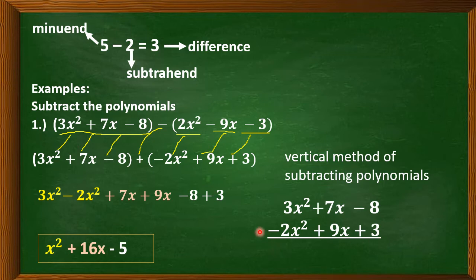And of course, we have to add. So we add 3x squared plus negative 2x squared, we have x squared, 7x plus 9x is 16x, negative 8 plus 3 is negative 5. So we have the same answer.